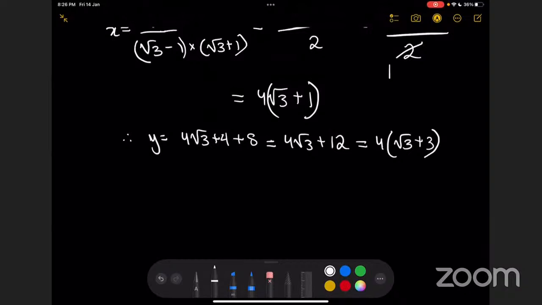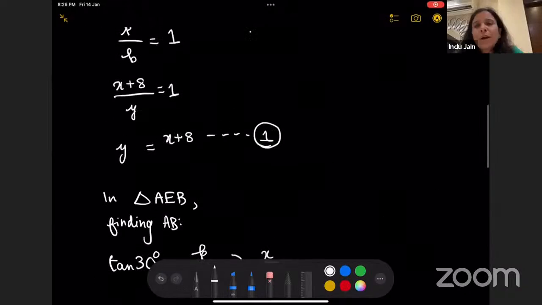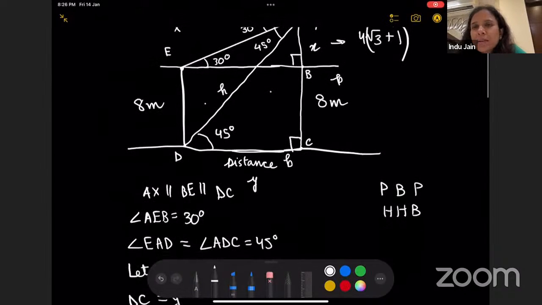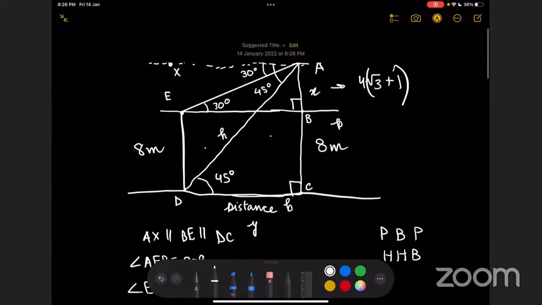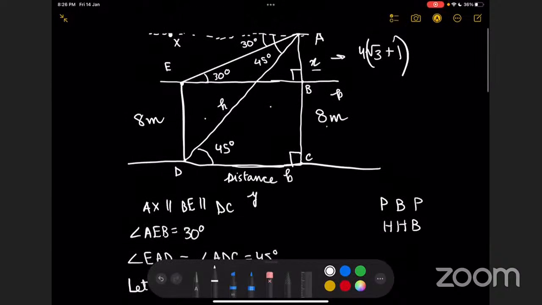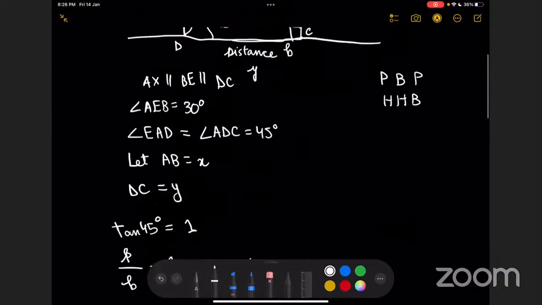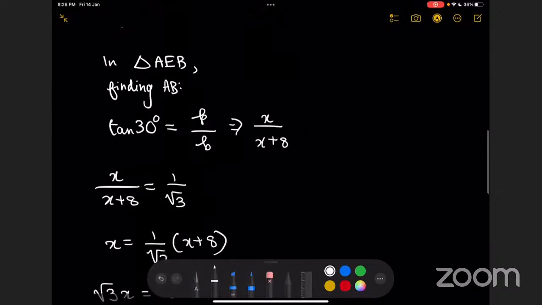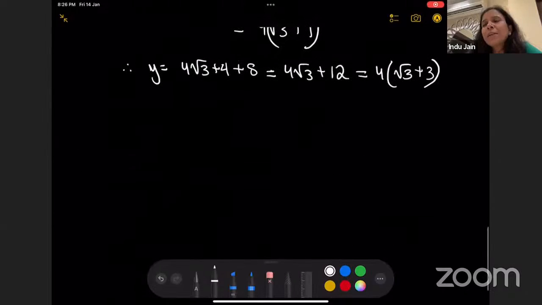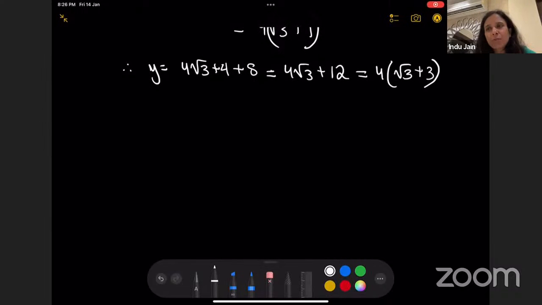Yeah, but I'm just saying that they're both x plus 8, as you can see here. This is x, this is 8, and we found that y is also x plus 8. But अब तो y direct आ गया ना, x plus 8 था आपने डाल दिया ना, 4 root 3 plus 4 plus 8 हो गया y की value complete. This is the final answer of y.